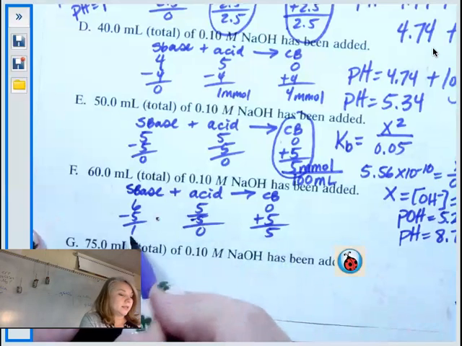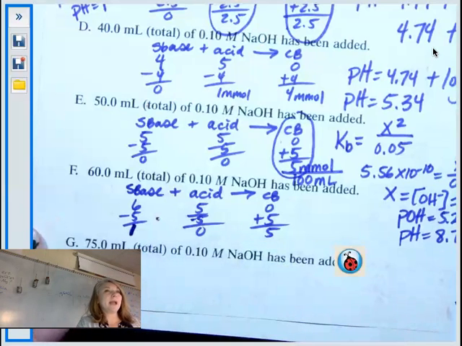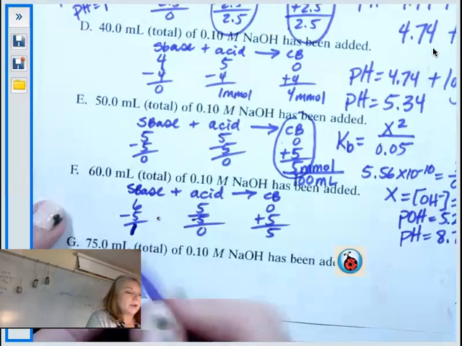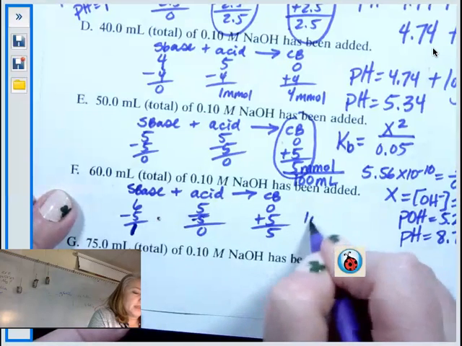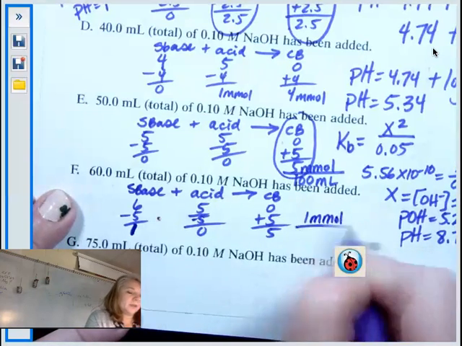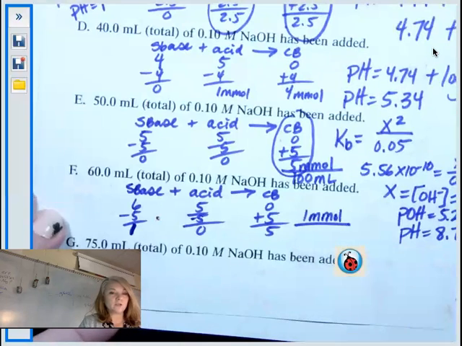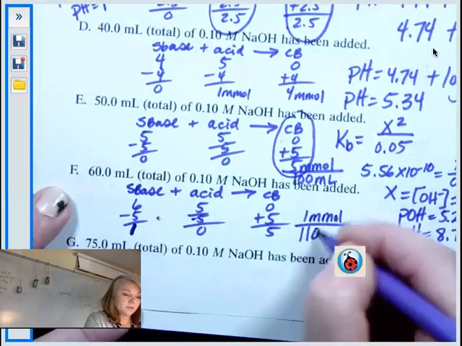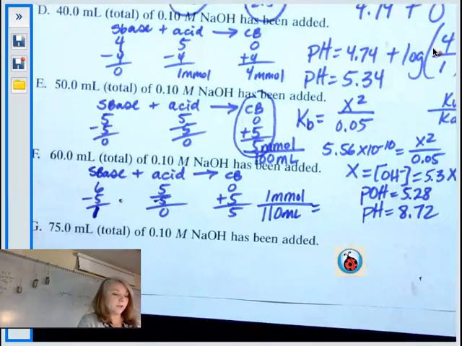This is the thing that's going to affect the pH, and you can be happy about that because once you get past the equivalence point, it's a really easy problem to work. We do have 1 millimole of this. And what's our total volume that we just added so we can get concentration? So yes, 110. Let's find our concentration of our strong base that's left over. 1 divided by 110.